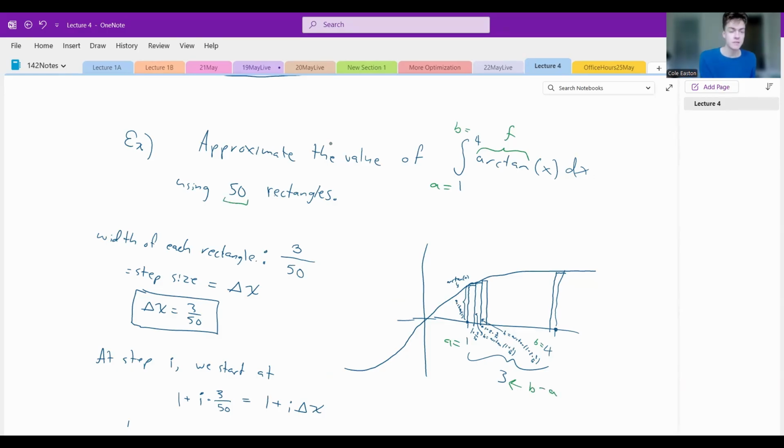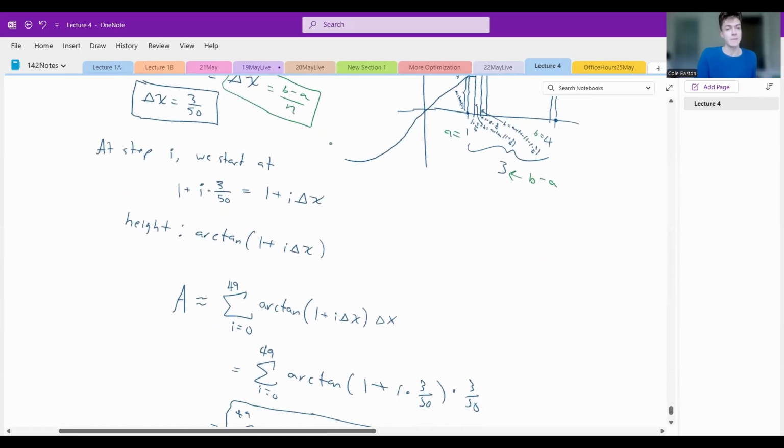And then we also want to say that we're just going to use some number n rectangles. All right, now let's update our width. So our width, we said, was this b minus a divided by n. And so that means that delta x is b minus a over n. And that's a formula that you're going to be using.